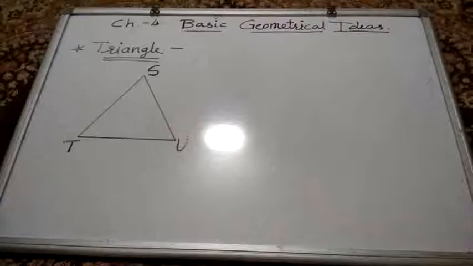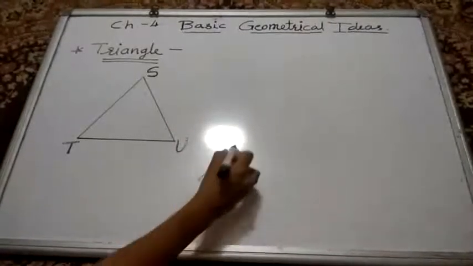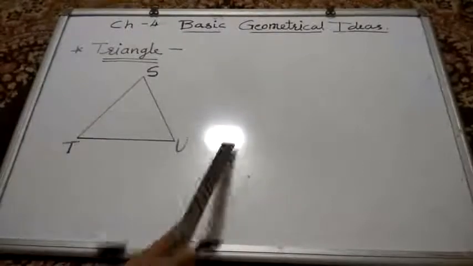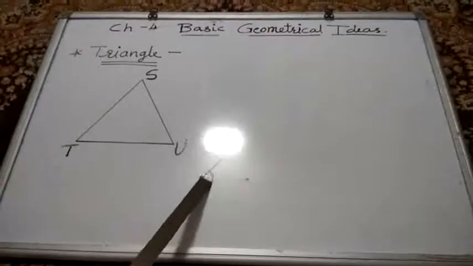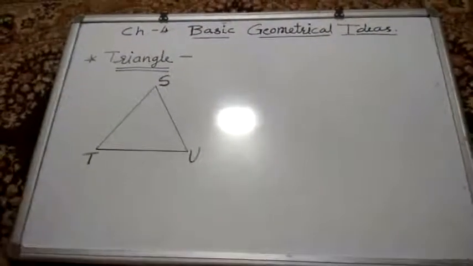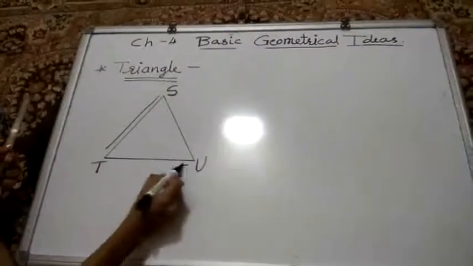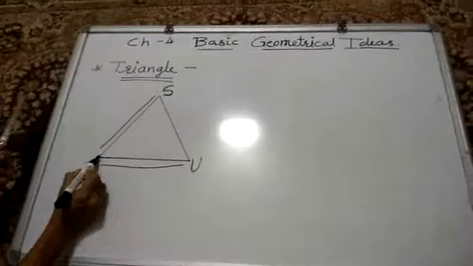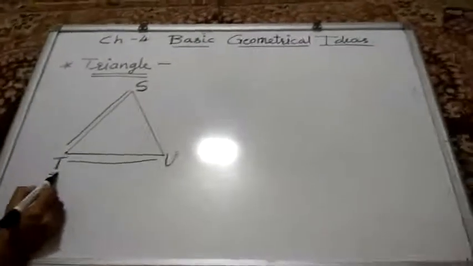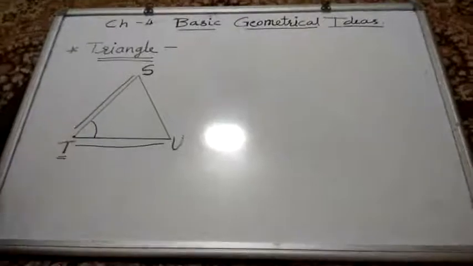STU. Yesterday we learned what are angles, where two line segments make a corner, and that is an angle. So in this triangle STU, side ST and side UT meet at a common point T, and these two line segments make an angle.